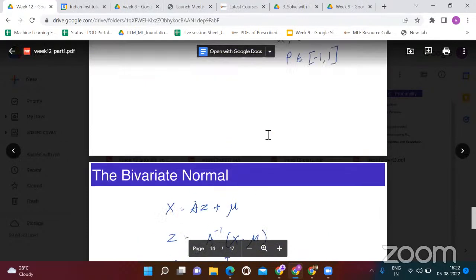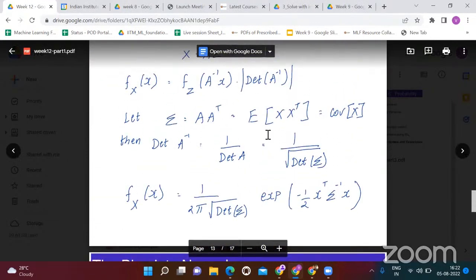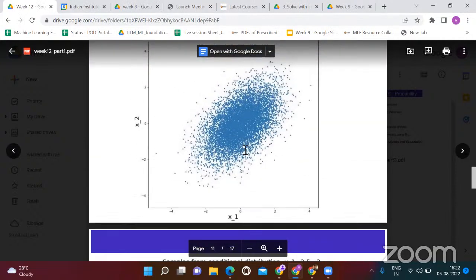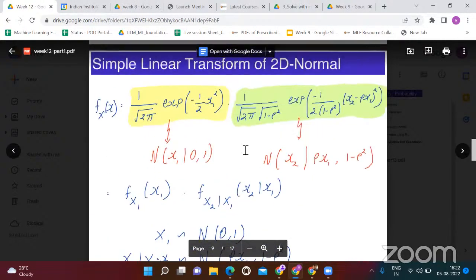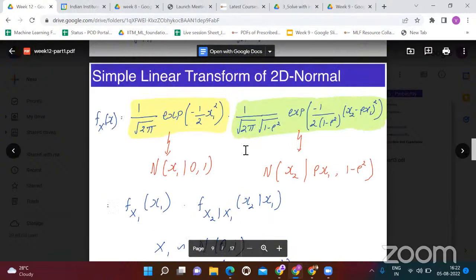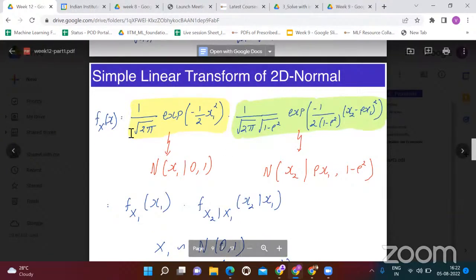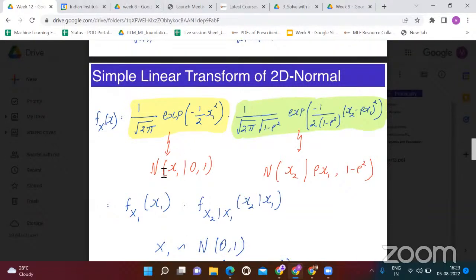So from the first lecture, almost everything, like from the diagram also, you can see that the same thing has been after the computation. Here we just came to this conclusion. The conclusion was what? If you are writing the density function, the first term you are getting is the standard normal distribution with x1.